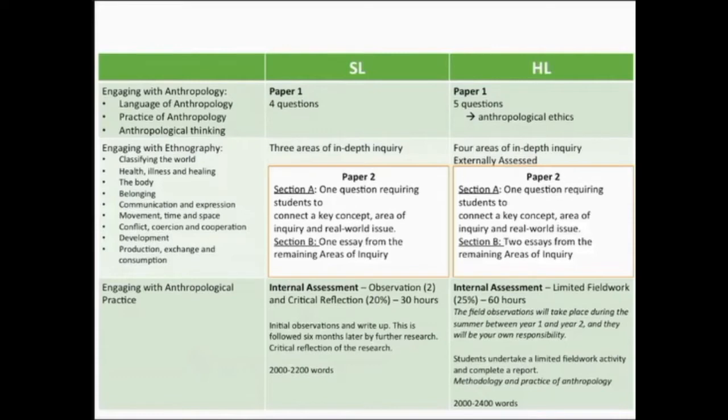Paper 2 has 2 sections, section A and section B. Section A has 1 question requiring students to connect a key concept, area of inquiry, and real-world issue. So you will need to connect these 3 elements together. And section B is about writing essays from the remaining areas of inquiry.